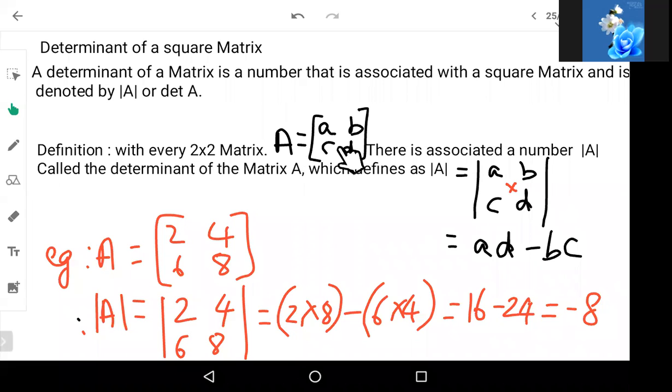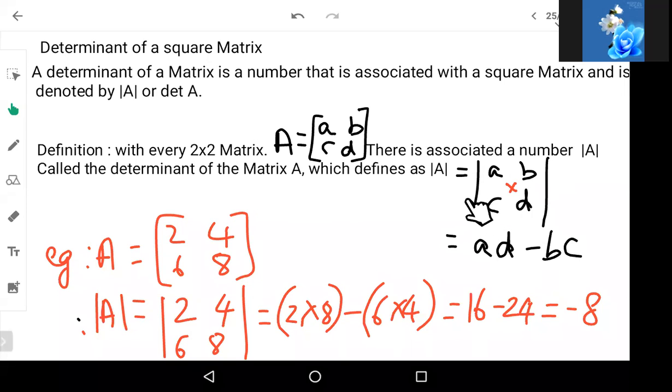When you have a 2 into 2 matrix, that is A, B, C, D, there is a number associated with it, and that is called a determinant. So we are going to find out one number out of this 2 into 2 matrix. That is associated with the square matrix. Now how do we find that number? The determinant of a matrix is nothing but the cross multiplication of the elements.